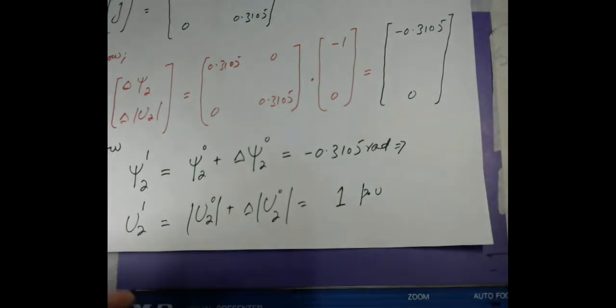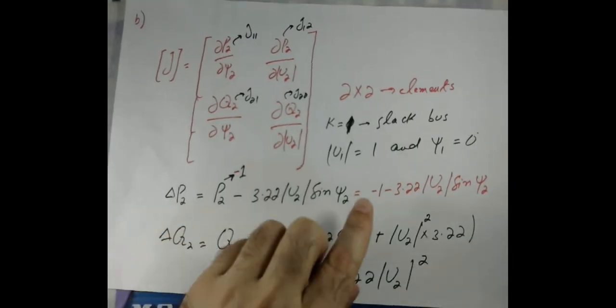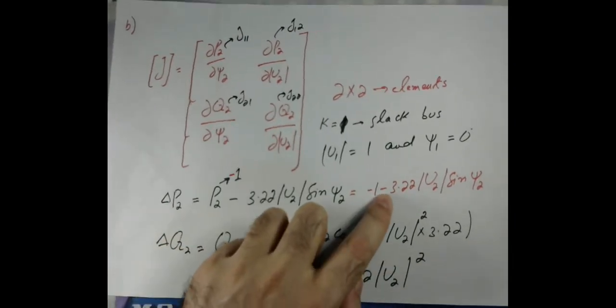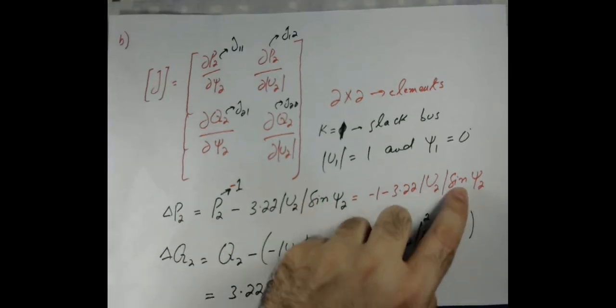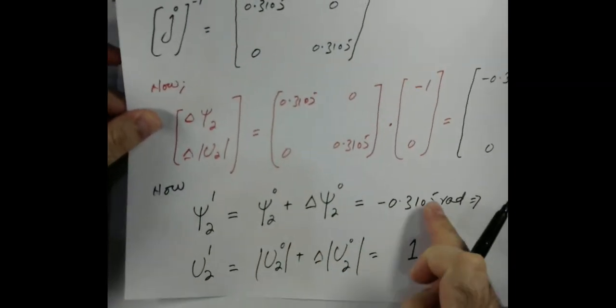Now I will once again, knowing that this is equal to minus 0.322 u2 and psi 2, write the expression first, knowing that psi 2 1 and u2 1 have these values.